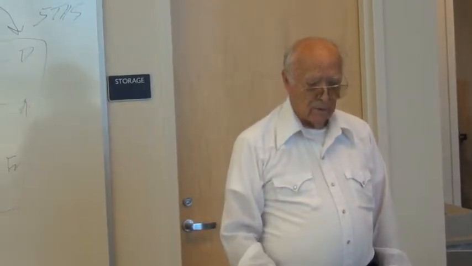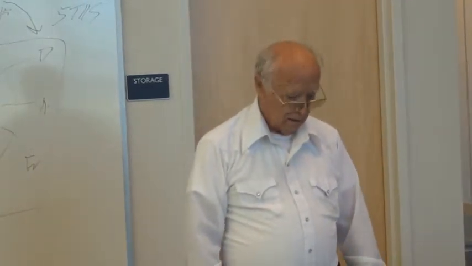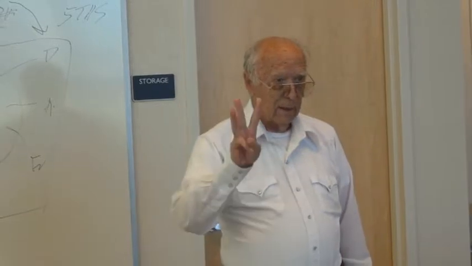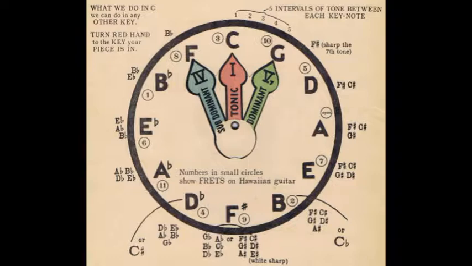Now, if you look at the diagram there again, you'll see that it's a clock. So the hands on the clock are like this, right? With the middle finger being up on C. That's very important. This is your fifth, G. This is your fourth, F. F is 4 down.